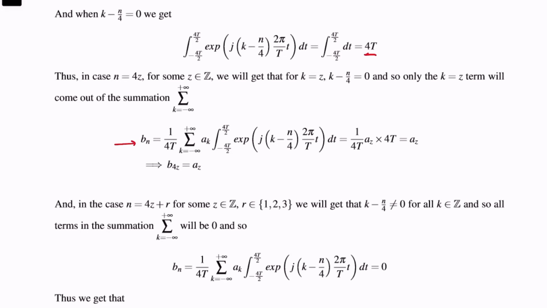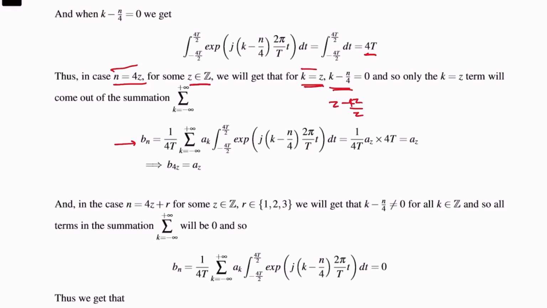So the idea is that in the case that n is equal to 4z for some z that is an integer, we'll get that for k equal to z, k minus n by 4 is z minus 4z by 4, right? I've taken n is equal to 4z and k is equal to z.